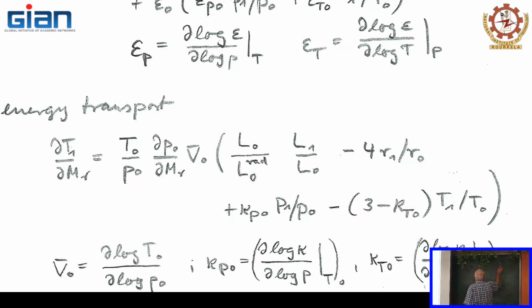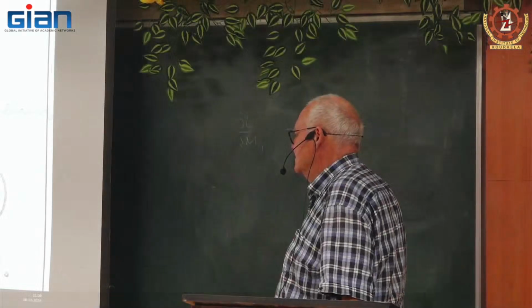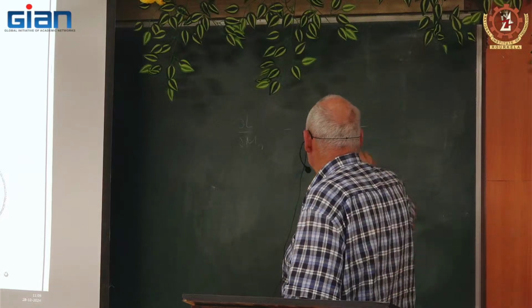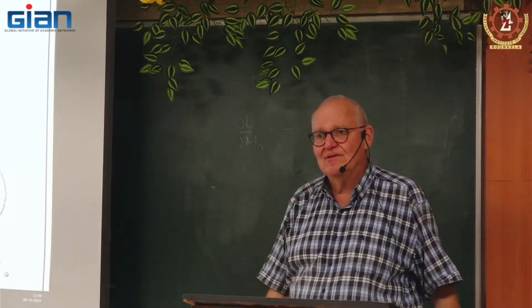And if I may remind you how the terms on the right-hand side of the energy transport equation look like, this is dl by dm r is something like minus. There is an L here, and there is a 1 over T cubed there. There is a 1 over kappa here. What else is left? There is a 1 over r to the fourth left here.